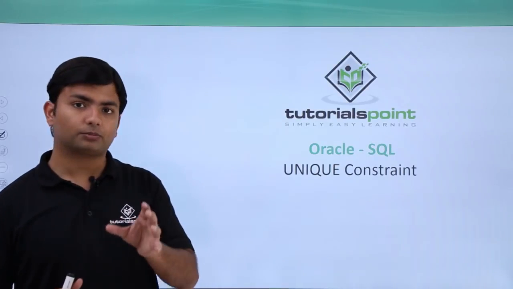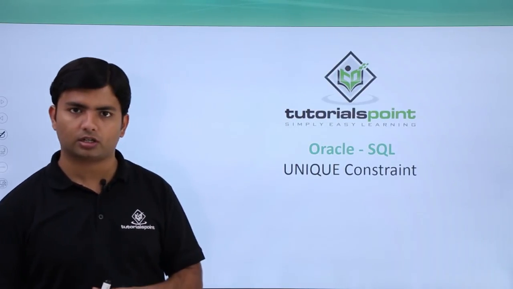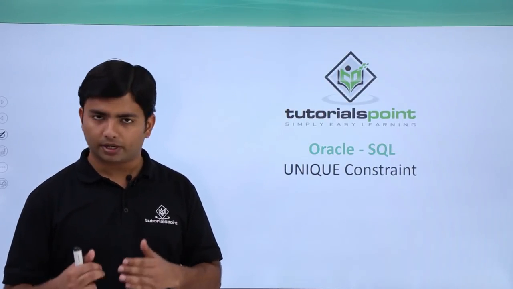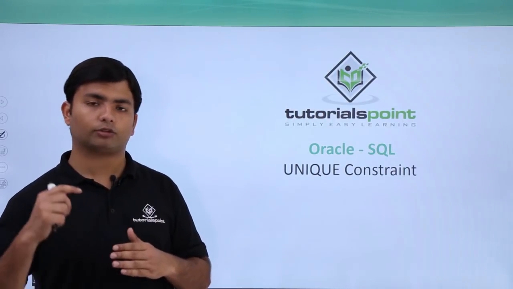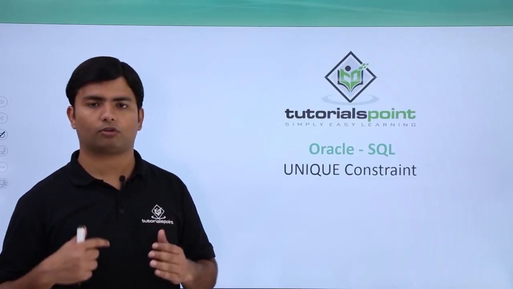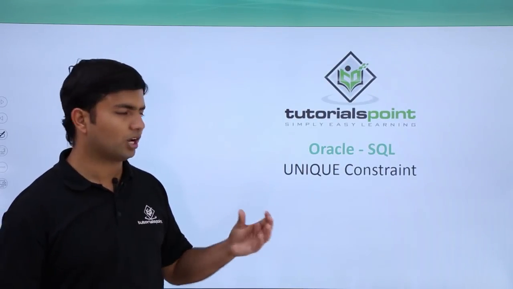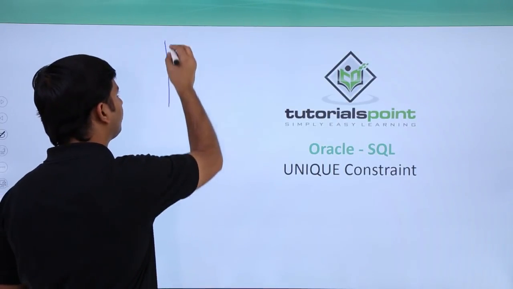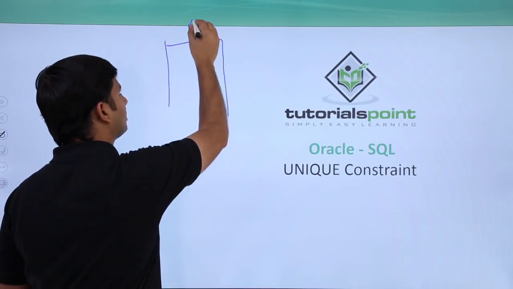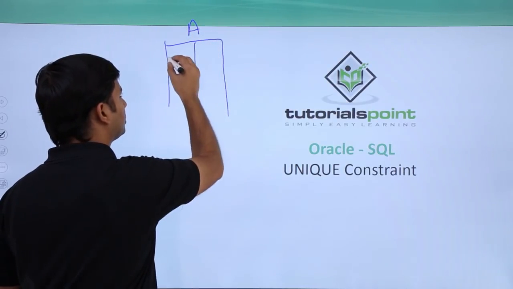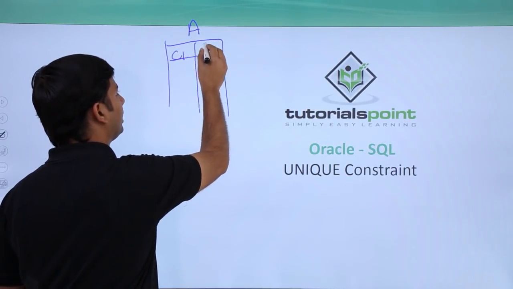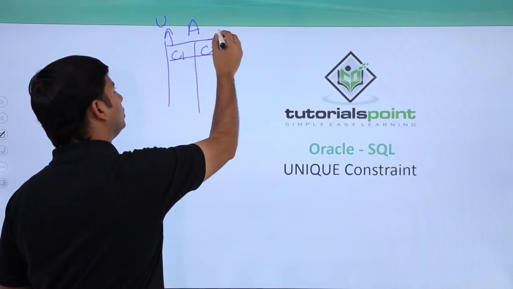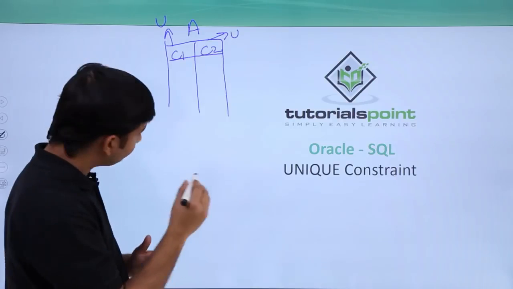But if you pass multiple columns with the unique constraint, it will not check the uniqueness of a single value, but the uniqueness of the whole combination of all the columns on which you have applied it. For example, say I have a table A with two columns, C1 and C2, and I have applied the unique constraint separately on both.